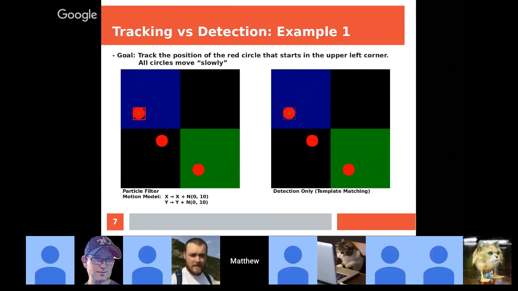So given my criteria that I wanted to track only the circle that started in the upper left corner, it's clear that we're able to do so with the particle filter, and we're unable to do so with detection alone. The other circles throw off our matching process.